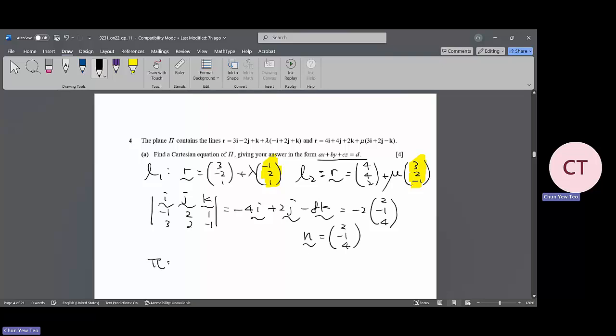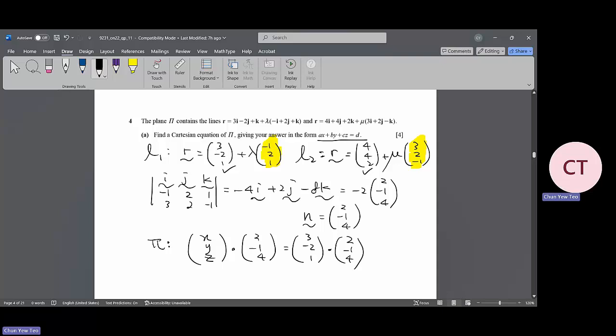So your Cartesian equation of plane pi will be like this. This is x, y, z, and this is your normal vector. And your fixed point, you can choose any position vector, either this point or this point. So it will be 3, negative 2, 1.